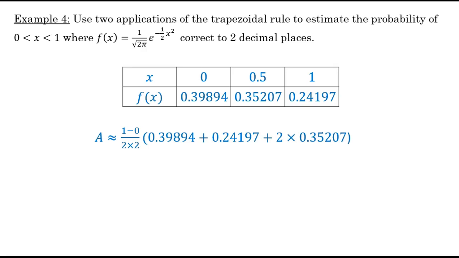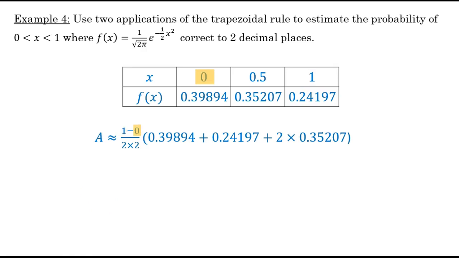So, using the trapezoidal rule, I get this expression here. Let's just go over those things. My trapezoidal rule begins with the width of the entire interval, from 1 to 0.